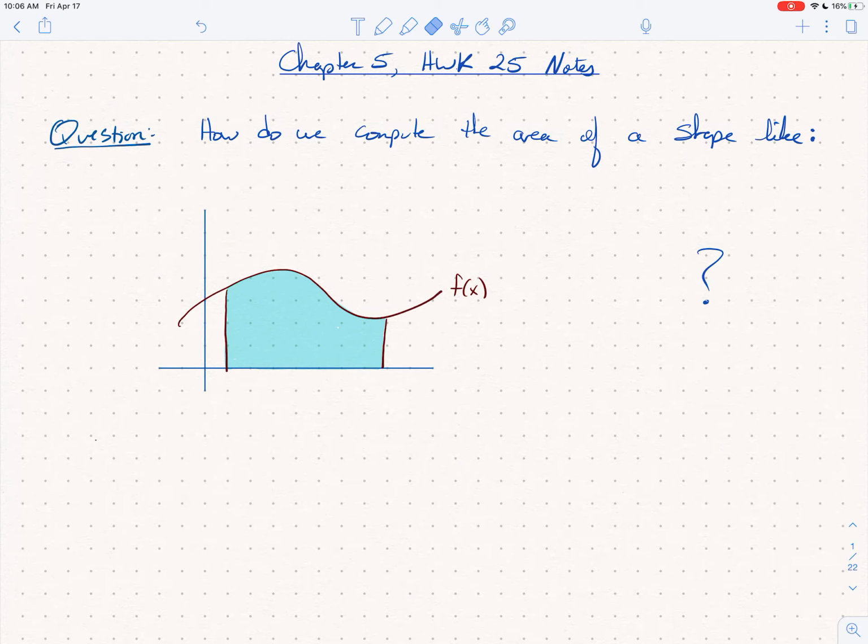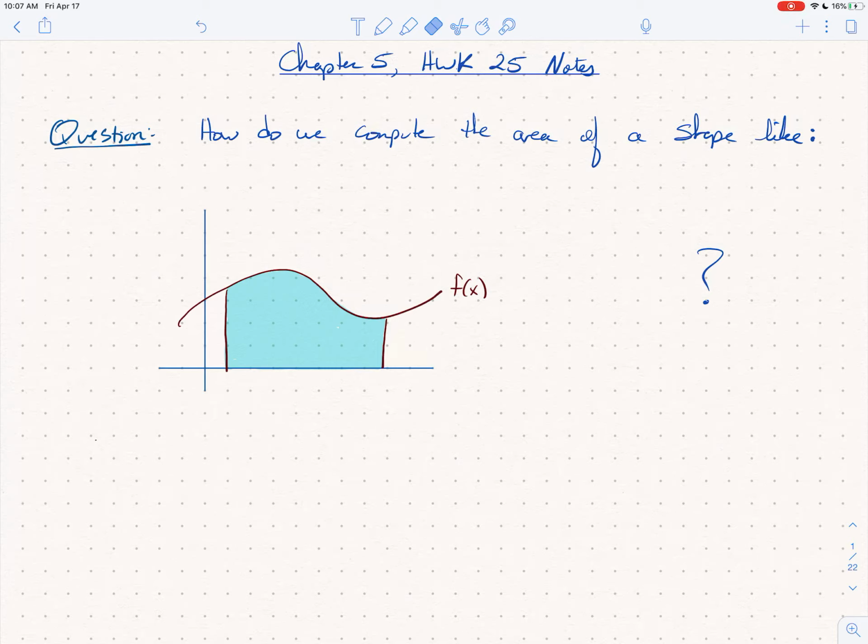In Chapter 4, we learned what those slopes of tangent lines mean, what the first derivative tells you about the function, what the second derivative tells you about the function, and so on. So our focus so far has been exclusively related to slopes of tangent lines. We're going to completely change the question now, or so it seems.